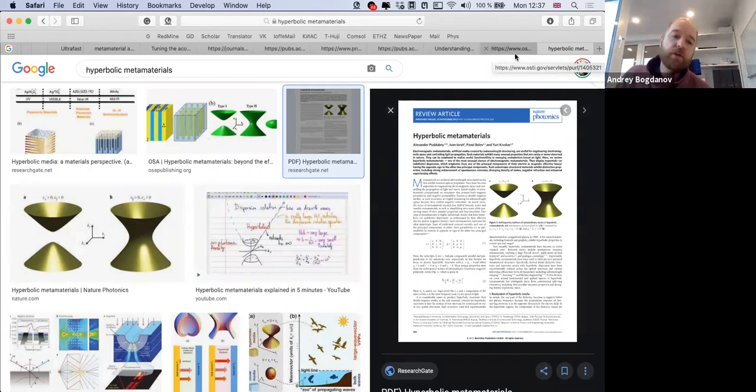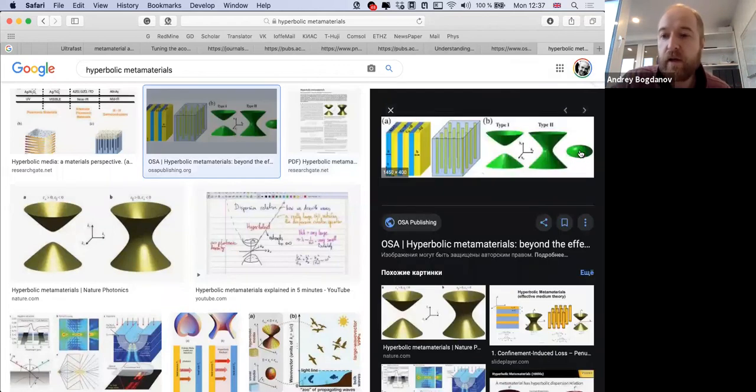Okay. What is important, guys? What is the difference between the case of a sphere, an ellipsoid or spheroid, and a hyperboloid? The main difference is that here all wave numbers are finite. For the fixed frequency, you have a maximal possible wave number.